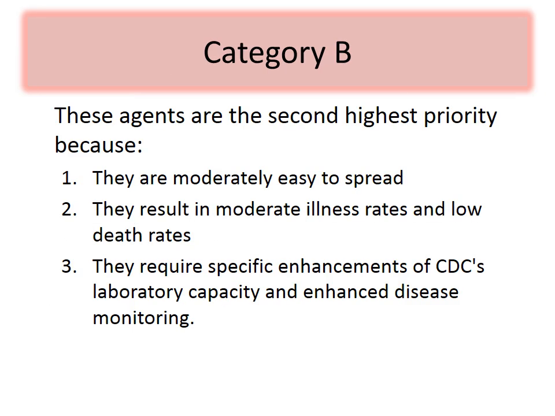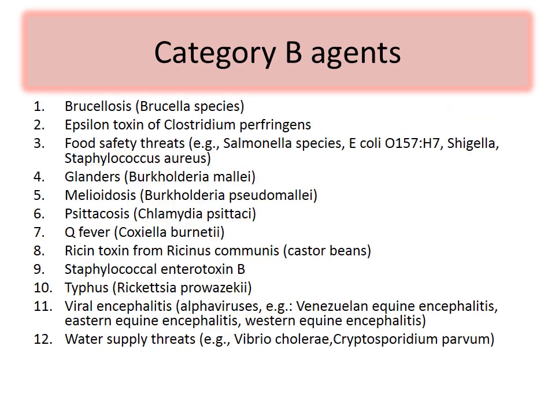If you look at category B, that's a little more moderate as compared to A, but we do have a list of category B agents, and you will see brucellosis there, epsilon toxin of Clostridium perfringens, Salmonella, glanders, melioidosis, psittacosis, Q fever, ricin toxin, Staphylococcal enterotoxin B, typhus, viral encephalitis, and then there are some other threats that may happen, especially contaminating the water supply, like Vibrio cholerae and Cryptosporidium parvum.